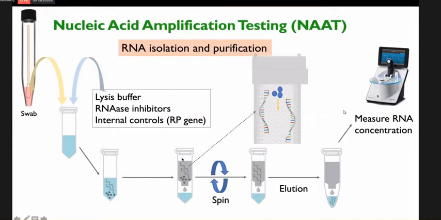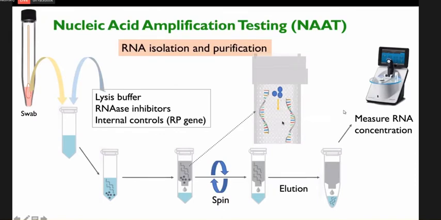The lysed sample is transferred into the spin column and centrifuged. This process is actually a solid phase extraction method in which the stationary phase is made up of silica gel, a silica matrix, and in the optimal salt and pH conditions, RNA molecules bind to the stationary phase while the protein and other contaminants are not retained and get eluted.